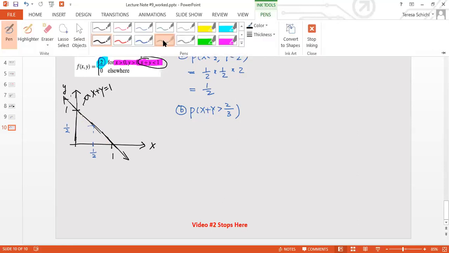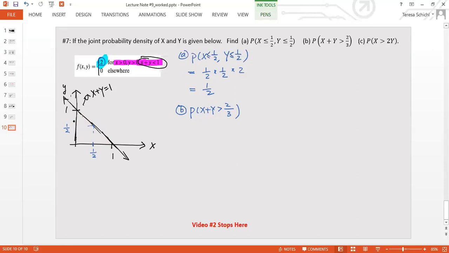So when x equals 0, y equals 2/3. 2/3 is somewhere here. When y equals 0, x equals 2/3, somewhere here, right? So now you connect it. So this green line, of course my line is not totally straight, but you understand that.